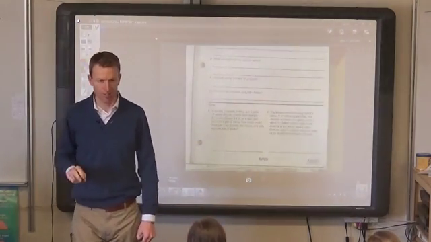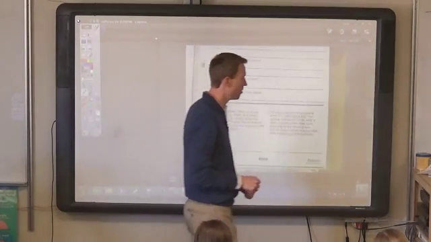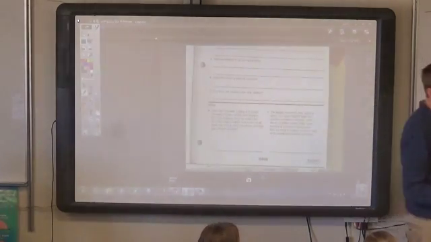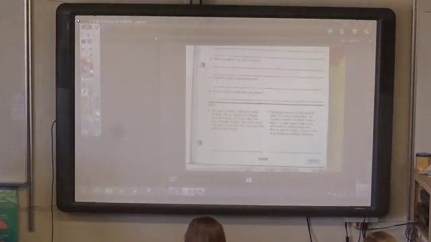Very good. Then you have to make sure that you label this correctly. Are we finding just square miles? We're finding millions of square miles, and you have to put that in your answer. Okay? So finish this sheet for tomorrow.